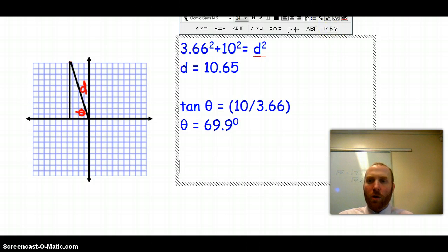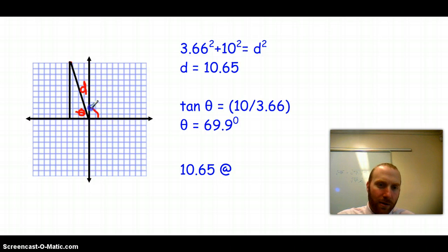The answer in proper form will be my overall distance, 10.65 at, again, you should be trying to use the symbol. Now it's not 69.9 degrees because I am looking for this angle there. Theta was 69.9, so I need to subtract that from 180 degrees.